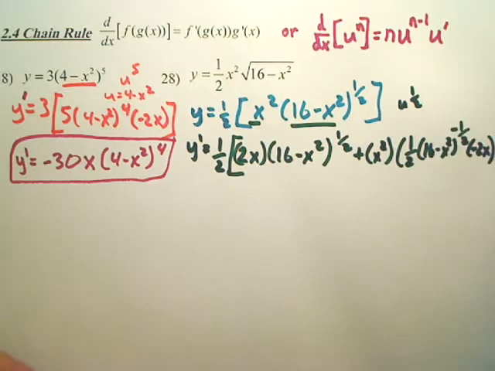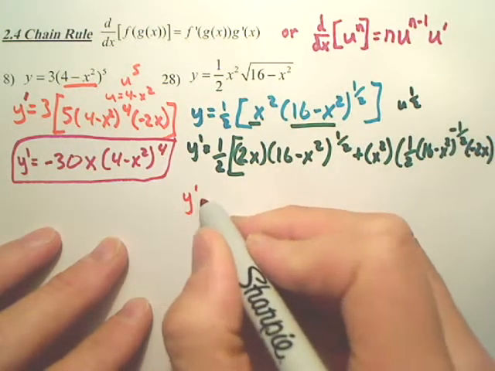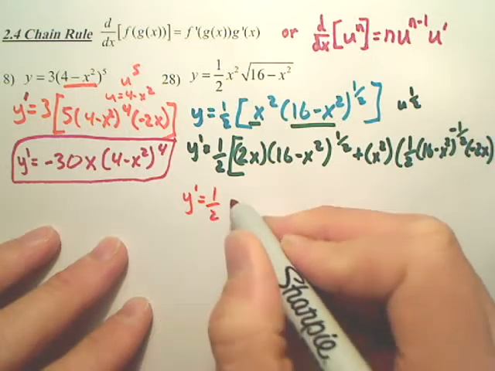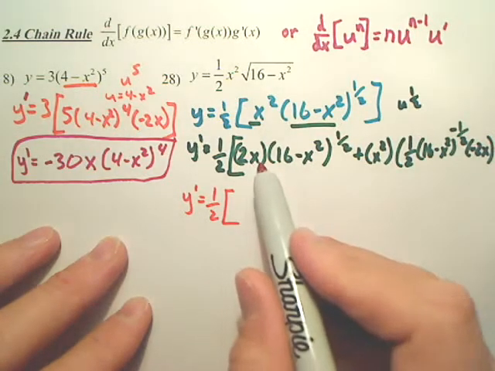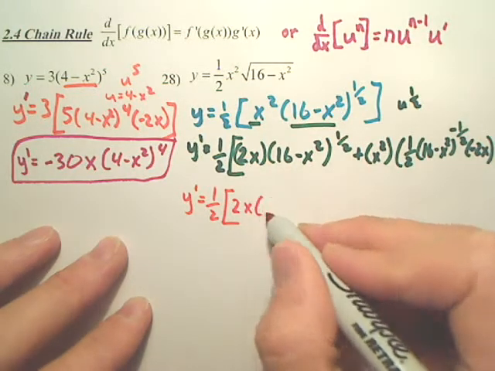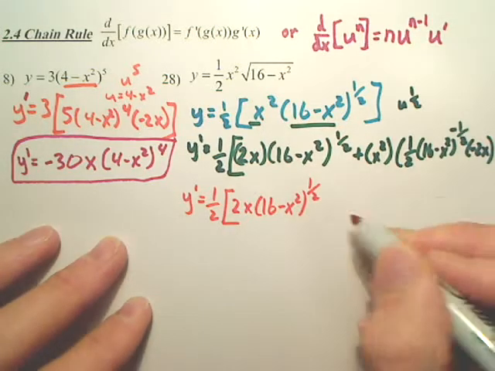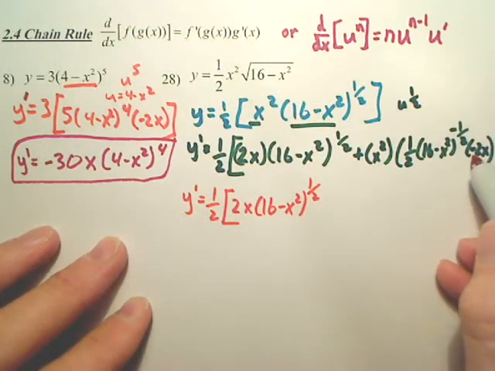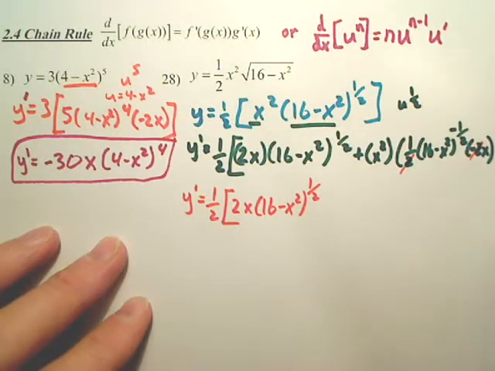Alright, so with all that, we now want to simplify this. Put the 1/2 out front. First step is this 2x is not going to the 1/2, so we just have 2x, still 16 minus x squared to the 1/2 here. Now, if we multiply all this, can you see how this 2 and this 2 is going to cancel?